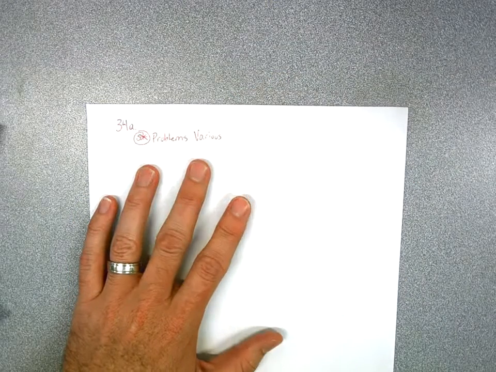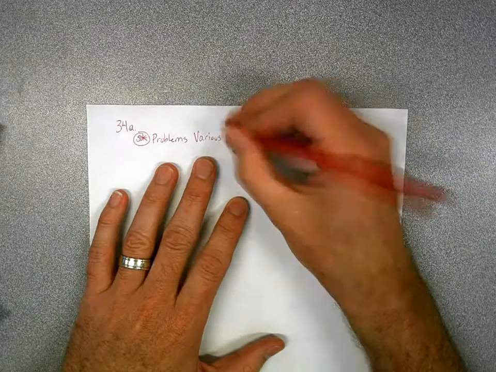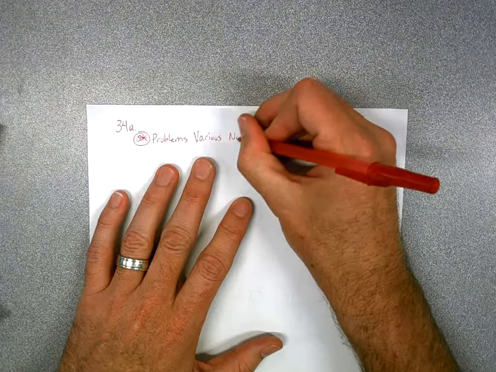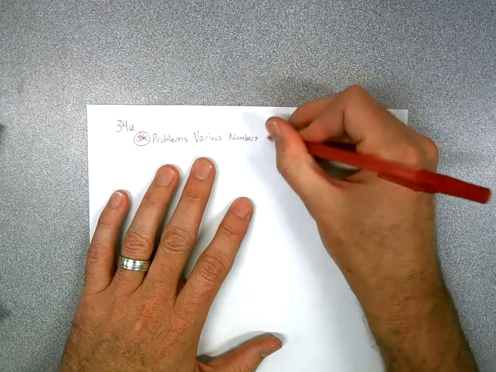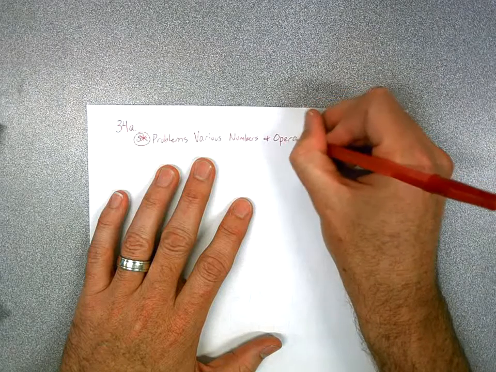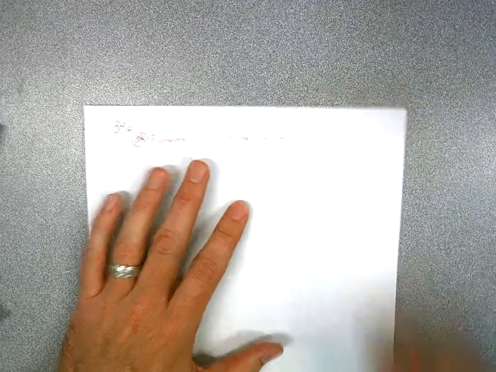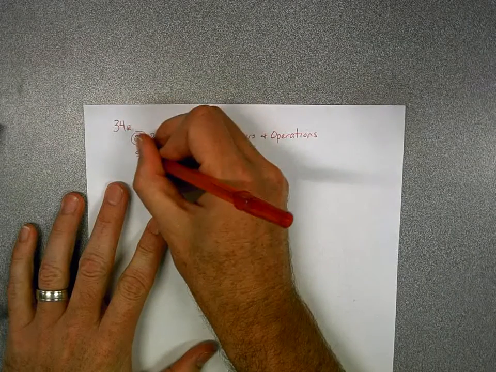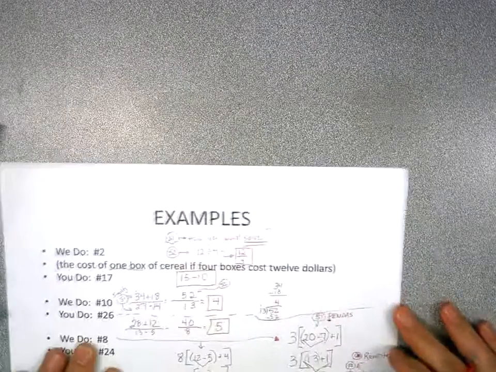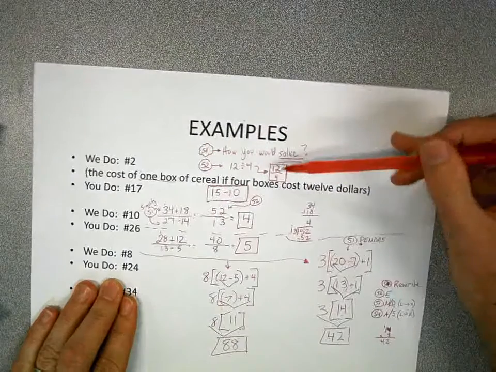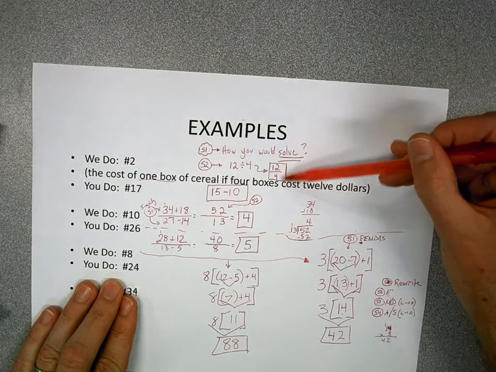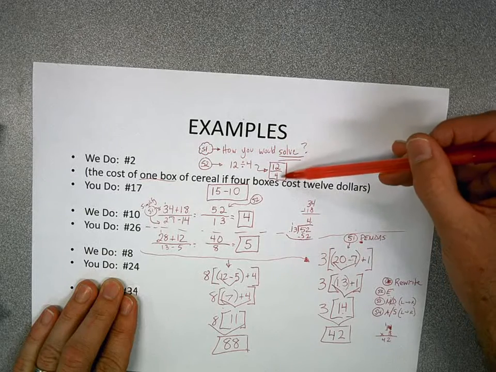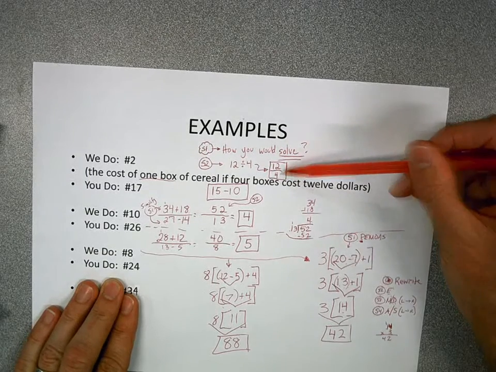So they could have various numbers and operations. Okay, so you have to be ready for that. And then another reminder is that when we write the expression, we don't want to overthink it. We want to write the expression without simplifying any part of it. All right, so when we do this problem, we're going to do just that.